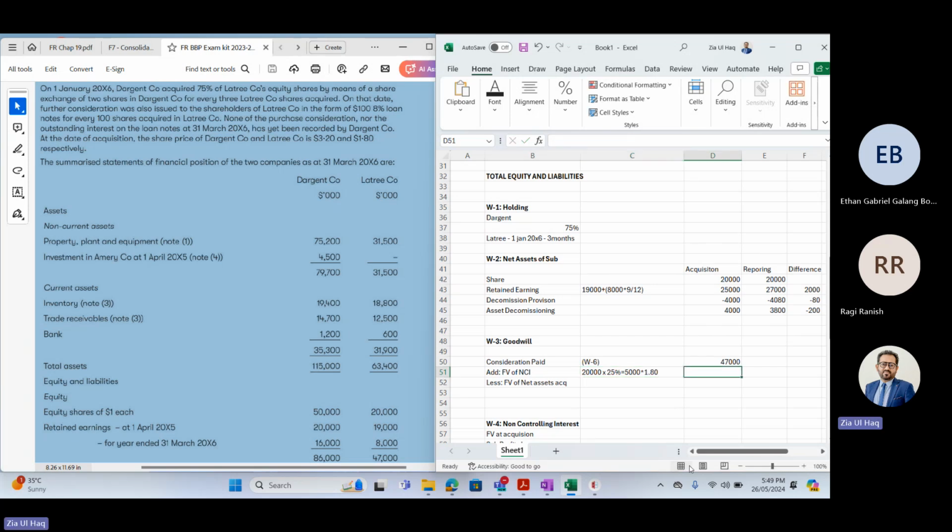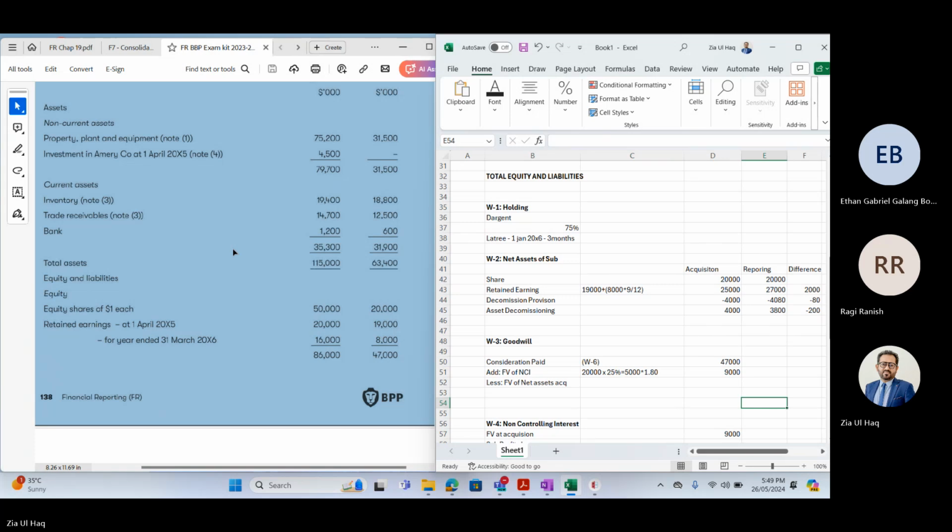So altogether it's 9,000. So this we need to record here as well. At the date of acquisition, the fair value of non-controlling interest is 9,000. Is that clear? Okay. Let's move forward.